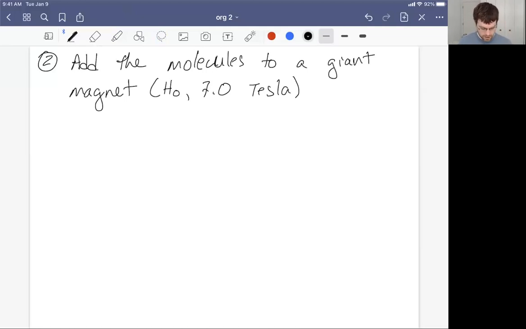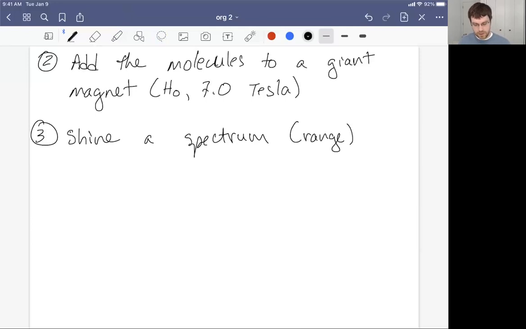Then step 3, we're going to shine a spectrum, which is a range in terms of frequency and wave properties, a spectrum of radio waves.